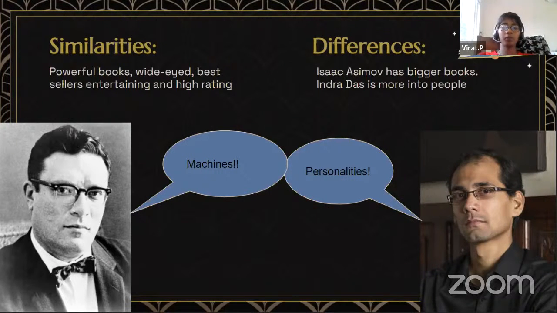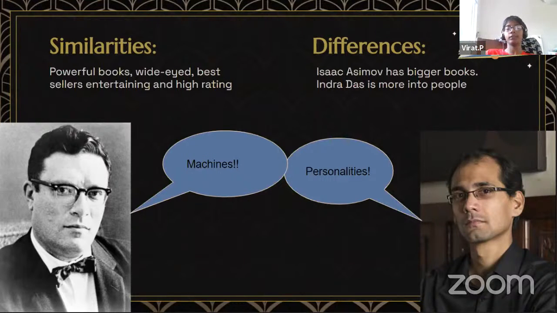So the similarities are that both he and Isaac Asimov have really powerful books, they have a wide view, and most of them are bestsellers. They're entertaining and highly rated, and judging by how people think about it, a lot of people think they're great at hooking them.